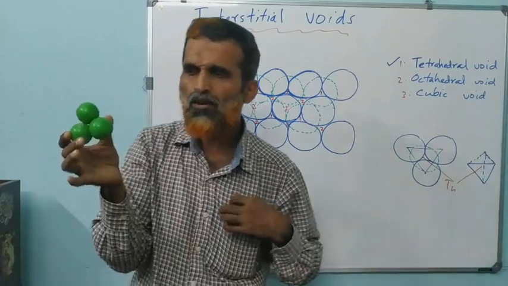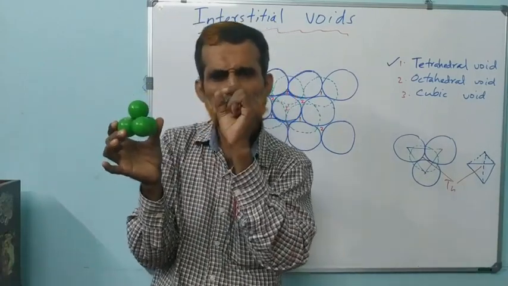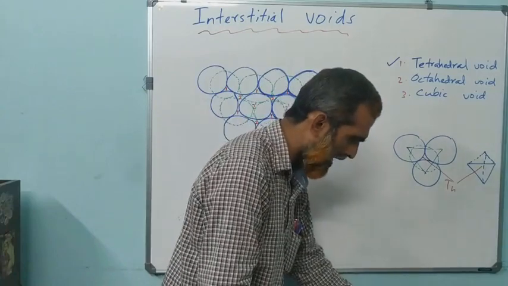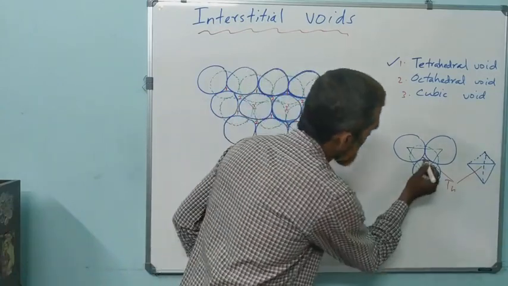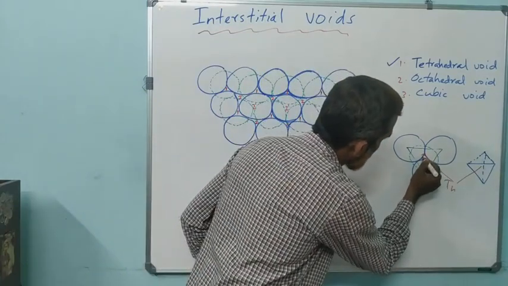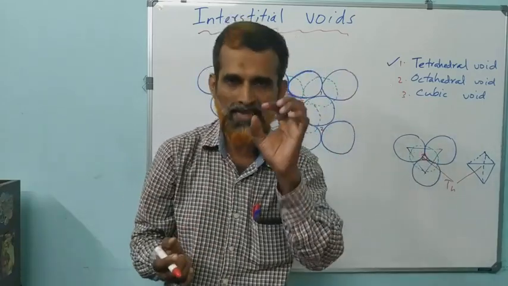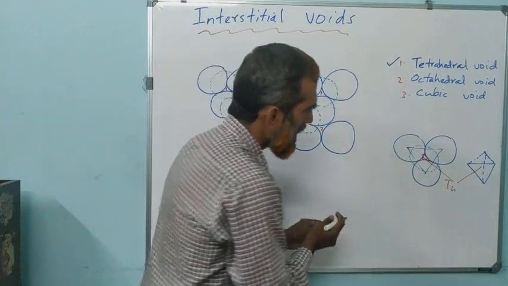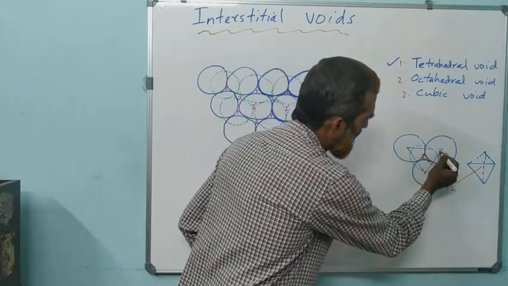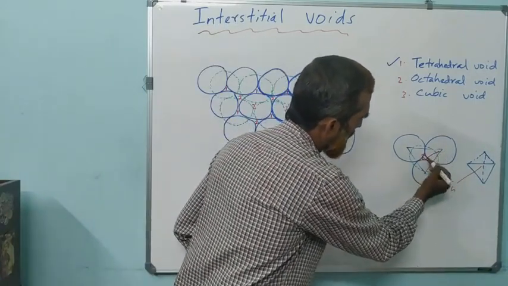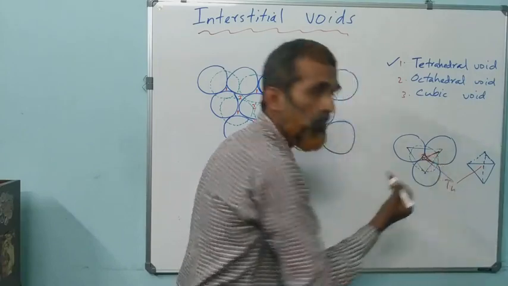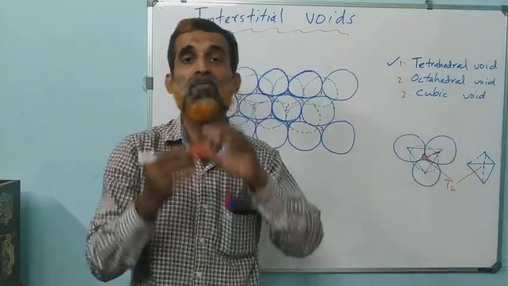It's clear. You can see that this is a very small empty space. If you could keep a very small sphere, like a bead, and fit it into it, and if you go for a mathematical calculation, you can compare the radius of this sphere and the radius of this void. The void is assumed to be spherical here.